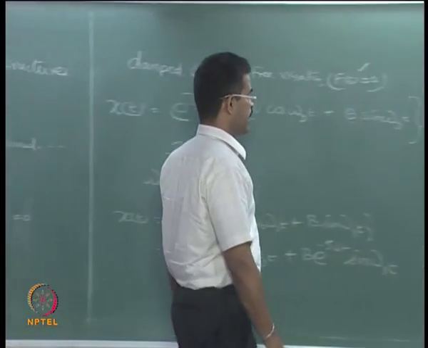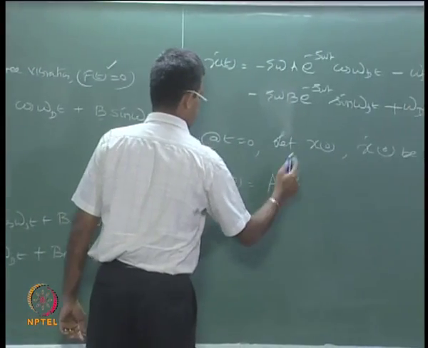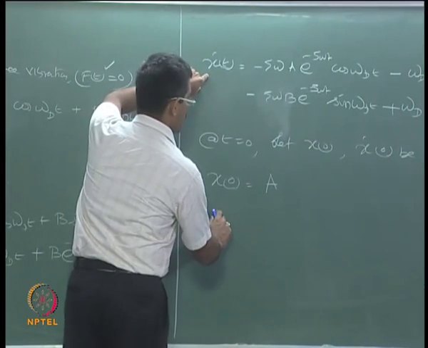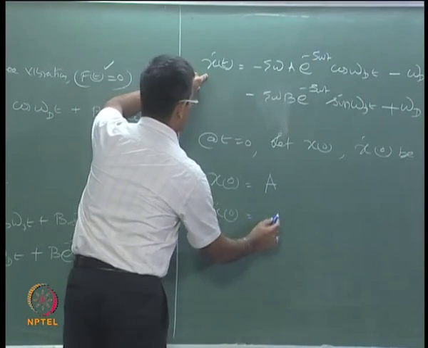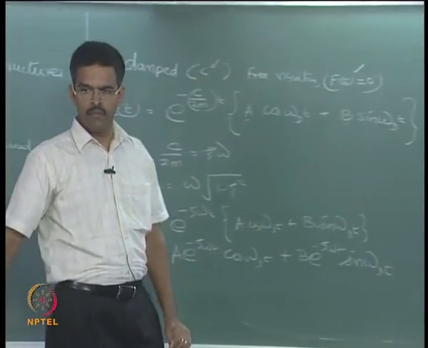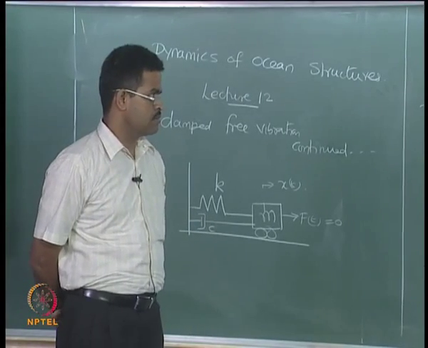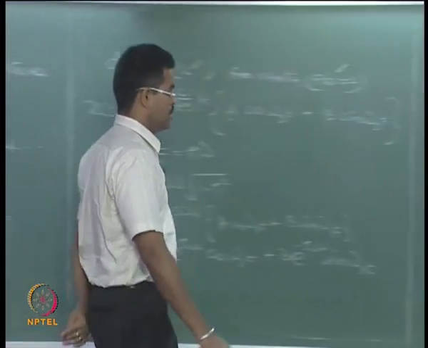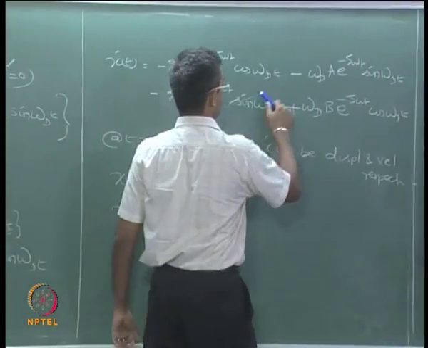I get this as a, and in the second equation I say x dot 0 will be minus zeta omega a plus omega d b, is it not, because the sin term anyway goes away.